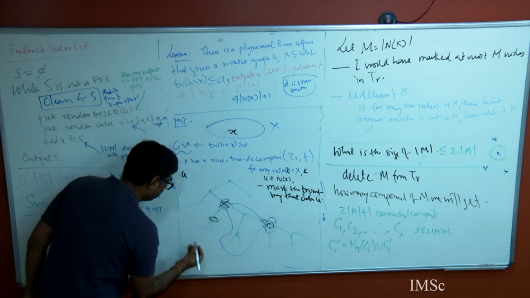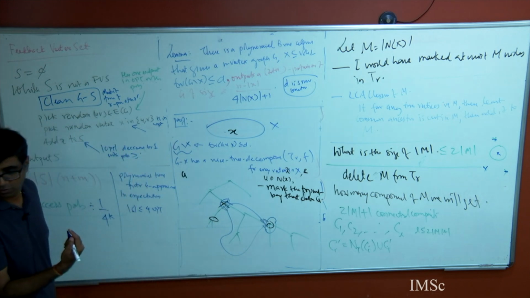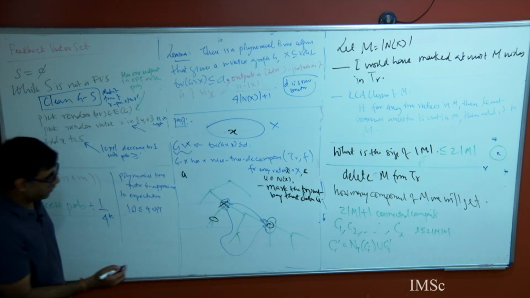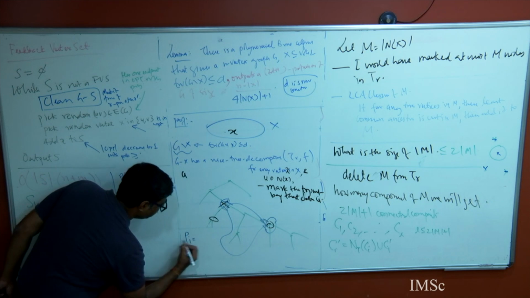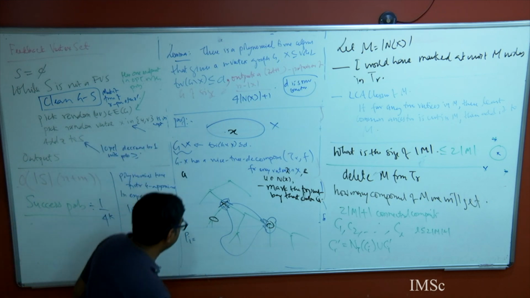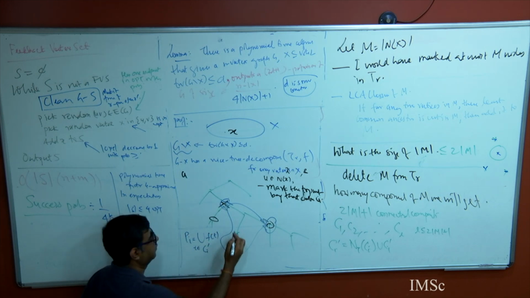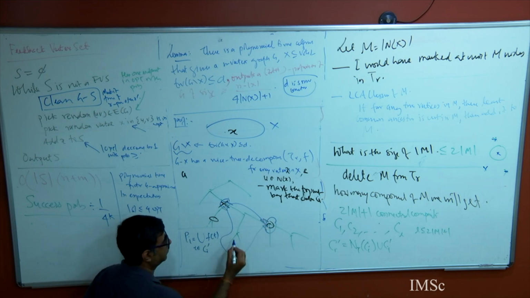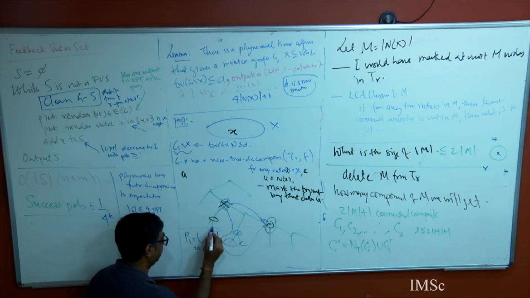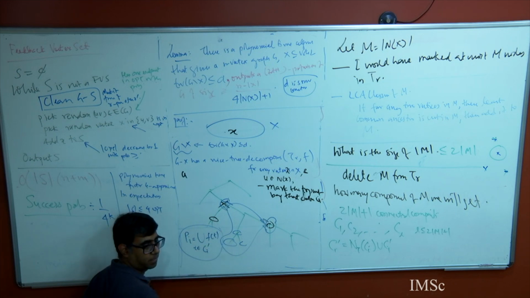Now I'm going to define a set, Pi. What is Pi? Look at the union over t in Ci prime of f(t). I have got this component and each of these guys corresponds to vertices. Pi is this.